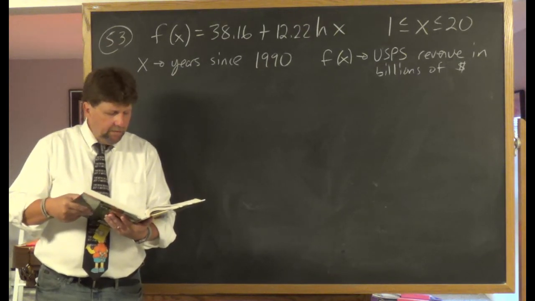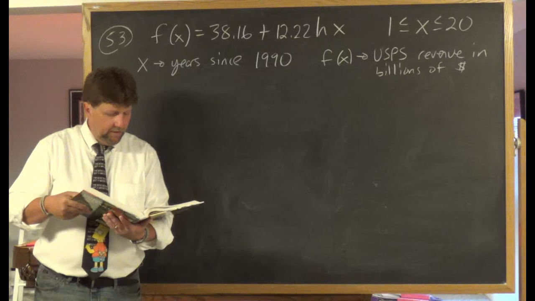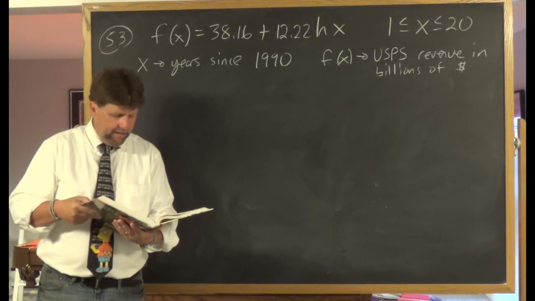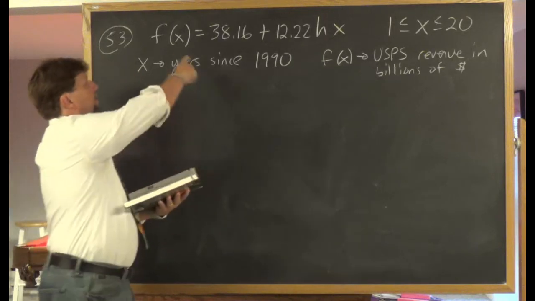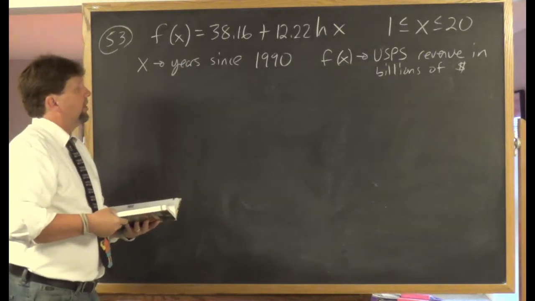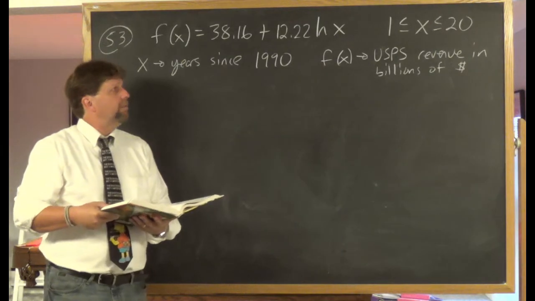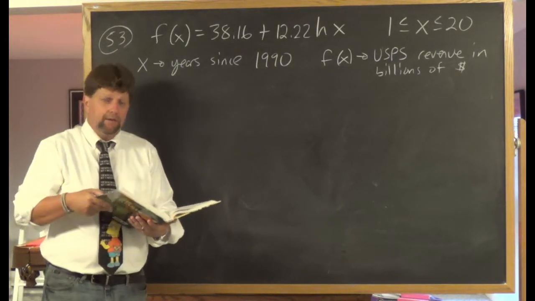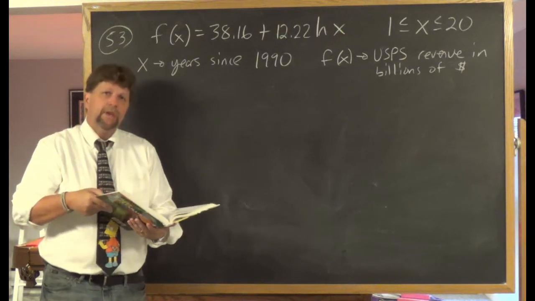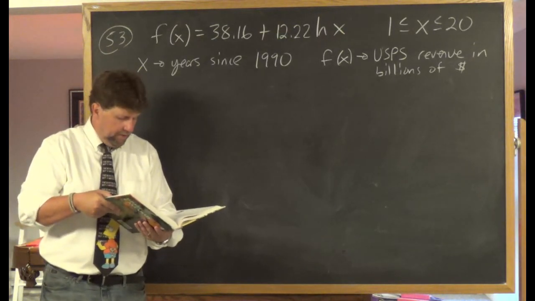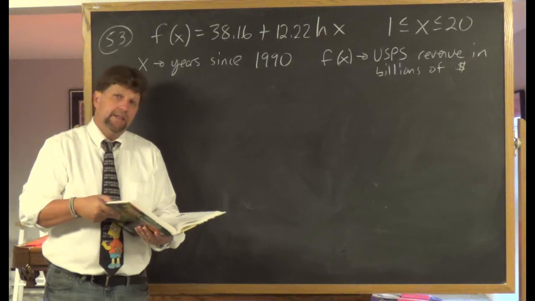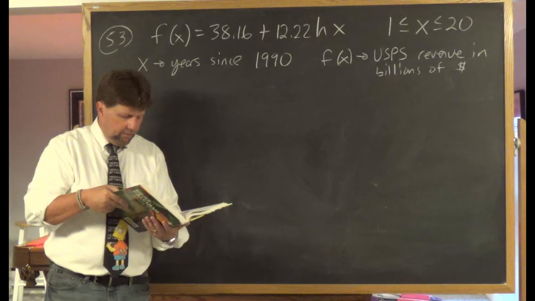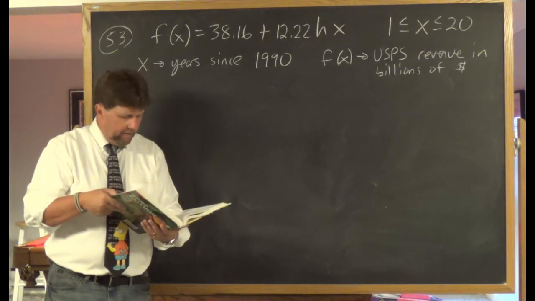The annual USPS revenue from 1991 to 2010 can be modeled by this function, f of x equals 38.16 plus 12.22 ln x, on the domain 1 less than or equal to x less than or equal to 20. Here x represents the number of years since 1990, and f of x represents the USPS revenue in billions of dollars.